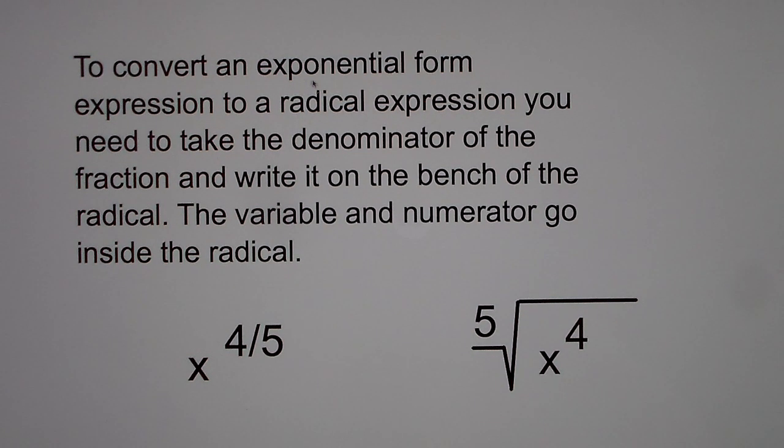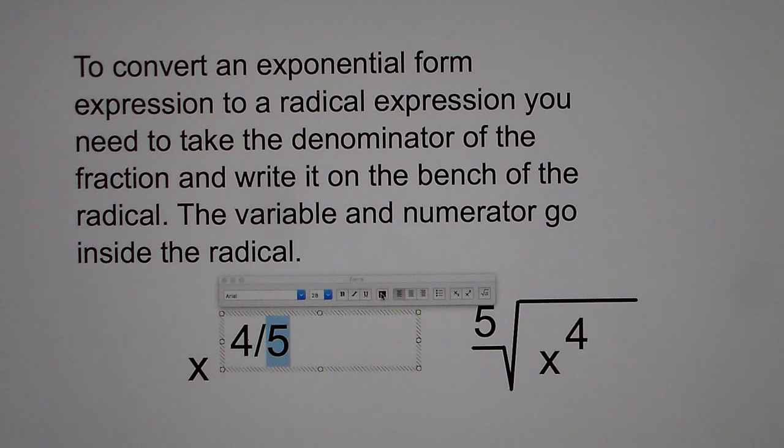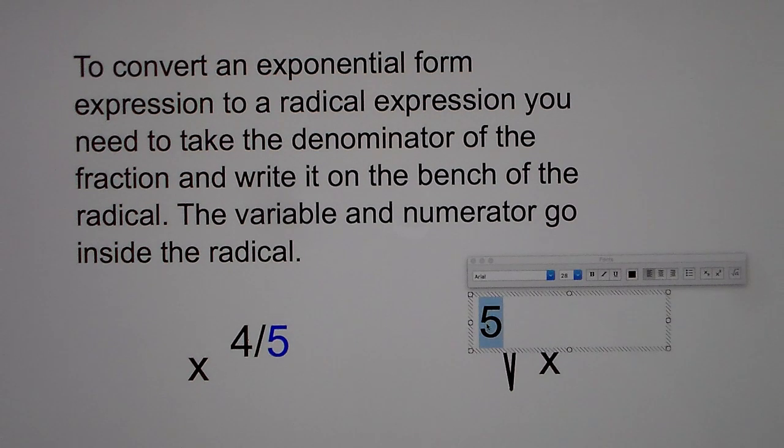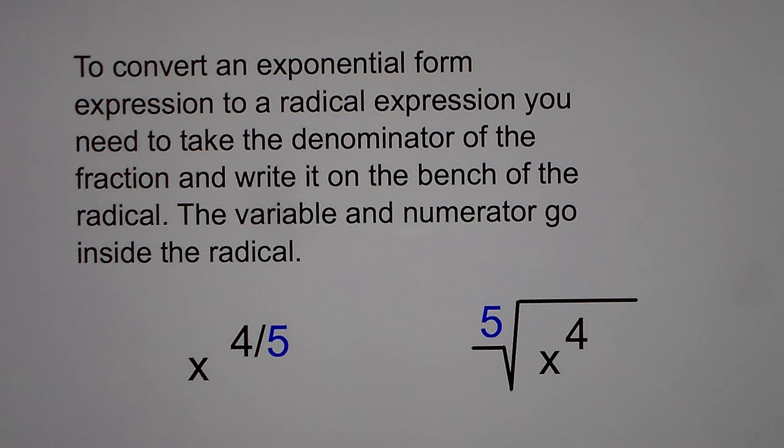To convert an exponential form expression to a radical expression, you need to take the denominator, the little denominator here in this fraction. Gotta take this blue 5 and write it on the bench of this radical.